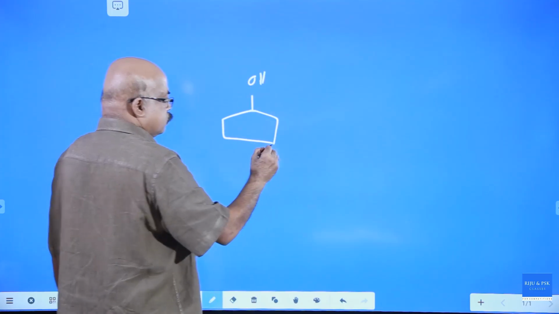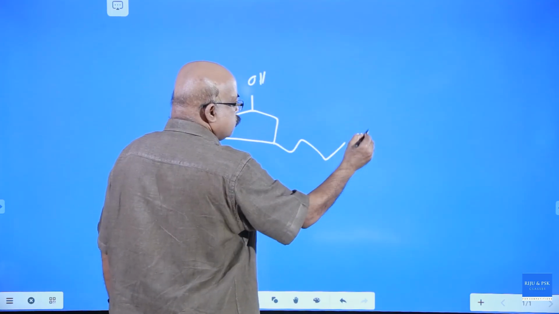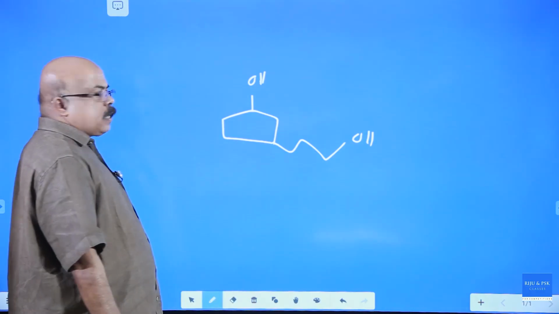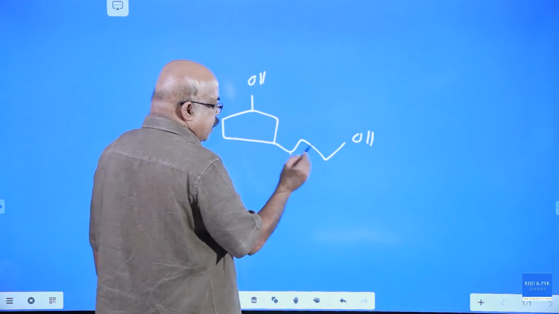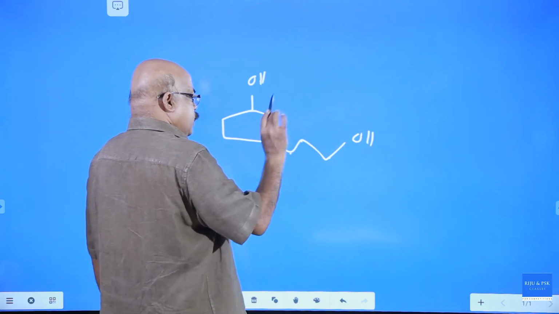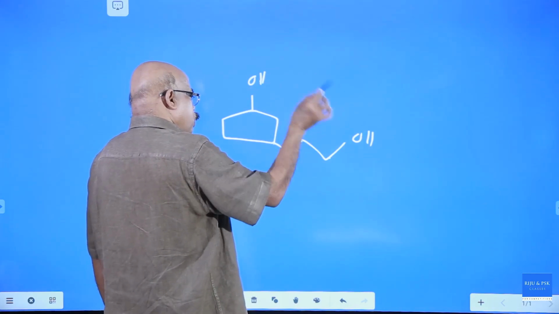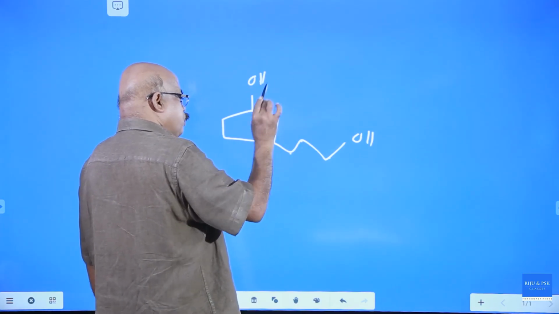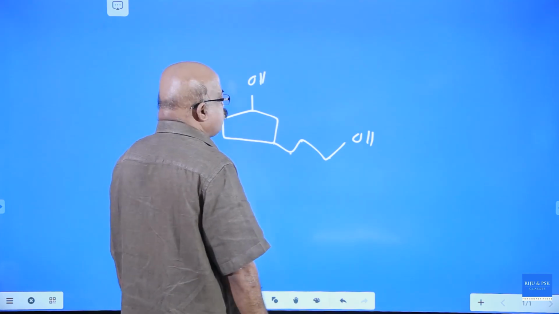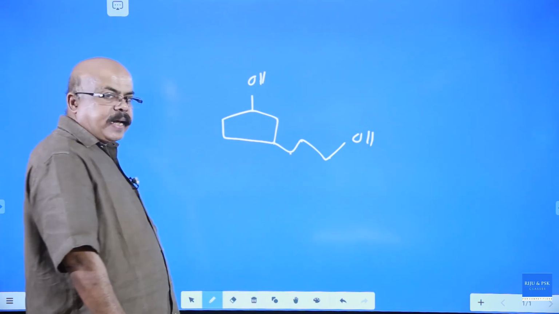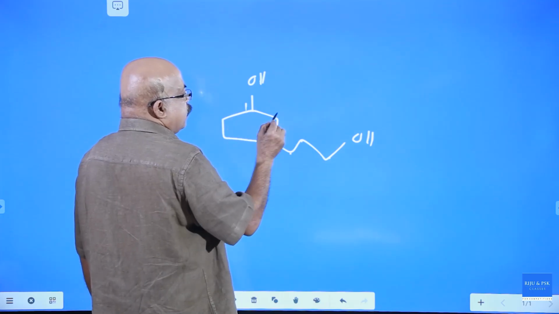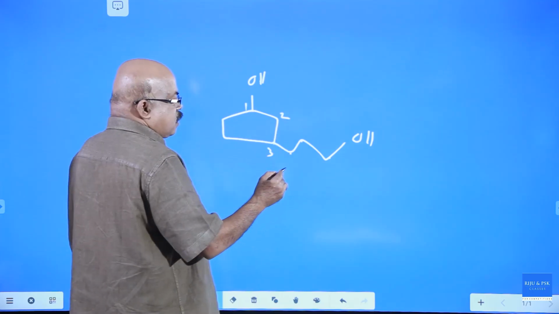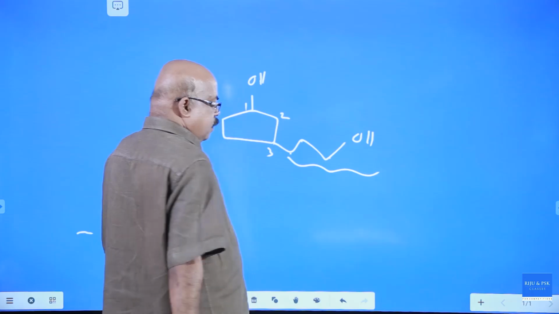OH. Here the ring has 5 carbons, the side chain has 3 carbons. Since 2 identical functional groups are present on the side chain as well as the ring, in this case the ring should be the parent. It is the first carbon. The third carbon atom of the side chain has a substituent.